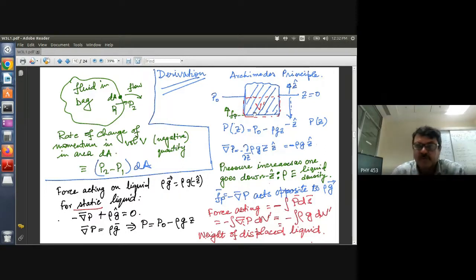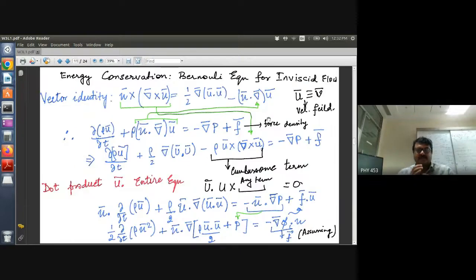So basically the force acting on this element of area, which is shown in red, is equal to rho G into the volume of the liquid displaced, which is essentially Archimedes principle, right?